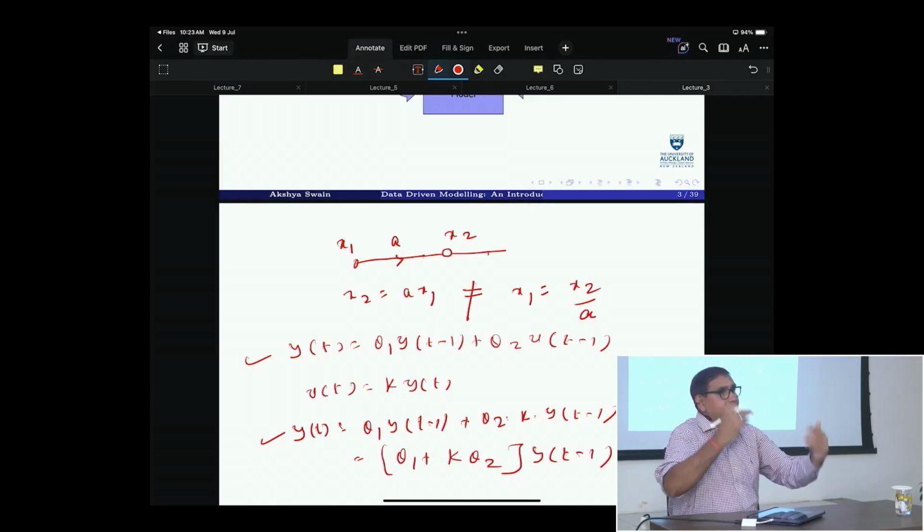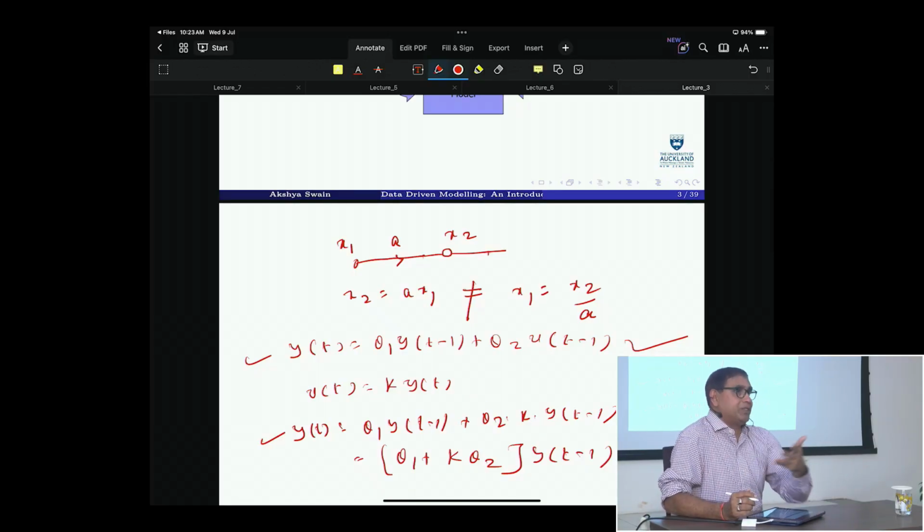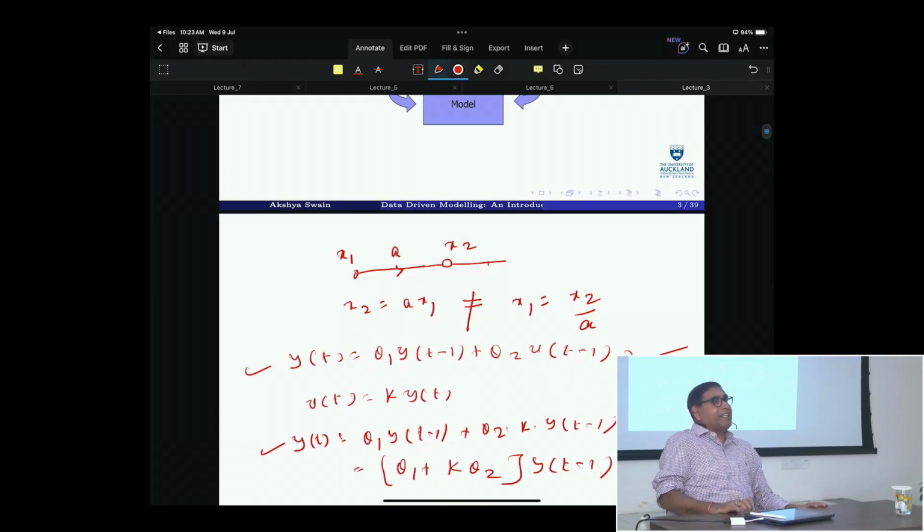But identifiability is lost. Because here the system has only y, u is not there, whereas actually the system has y and u. This is called loss of system identifiability. There must be a term in u, but it is no longer there. When the system becomes closed loop, identifiability is lost.